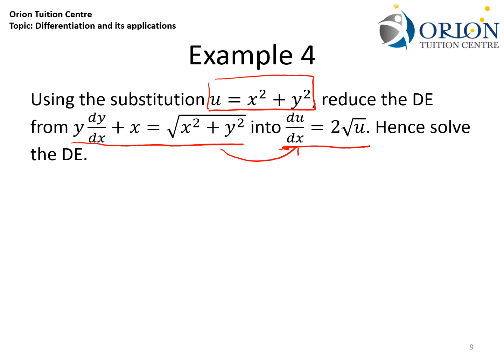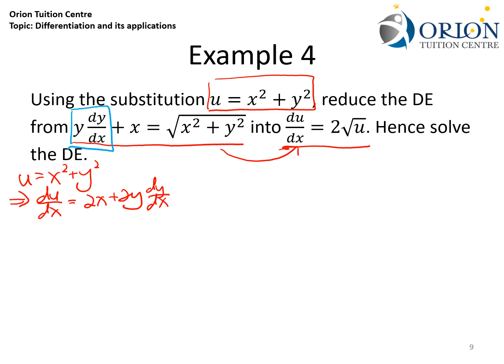So first thing to do is to differentiate the given substitution. We have u equals x squared plus y squared. This means that du over dx is equal to 2x plus 2y dy over dx. And note that in the original DE, we have this term over here, y dy dx, which is present over here as well.